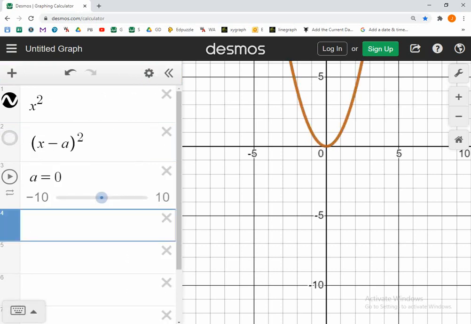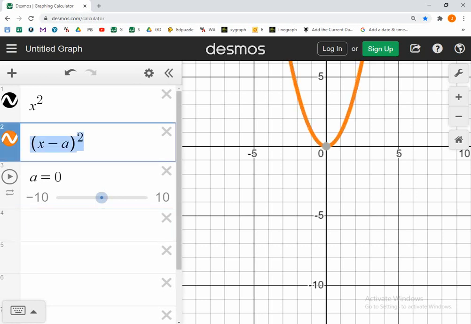Now this is just that x minus h part of that vertex form. If I subtract 1 from it, so this would be x minus 1 right there, which way did it move that orange graph? To the right, correct? If I go x minus 2, it moves it further to the right, correct?